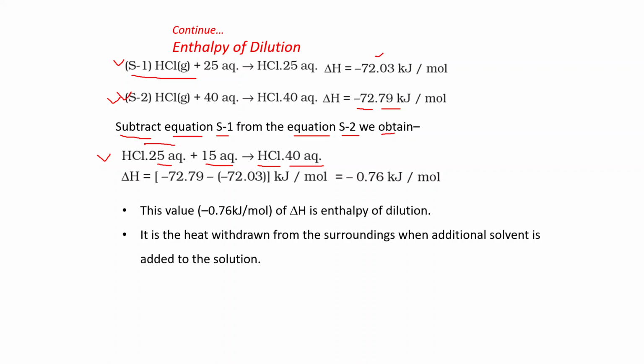In the original solution 25 moles of water is present, and we added more water, that is 15 moles of water. That's why we have diluted the solution. And if we find out the change in enthalpy in this process, this will be equal to minus 0.76 kilojoule per mole. And this value of delta H is the enthalpy of dilution. And this is the heat withdrawn from the surroundings when additional solvent is added to the solution. I think this concept of enthalpy of dilution is clear to you.